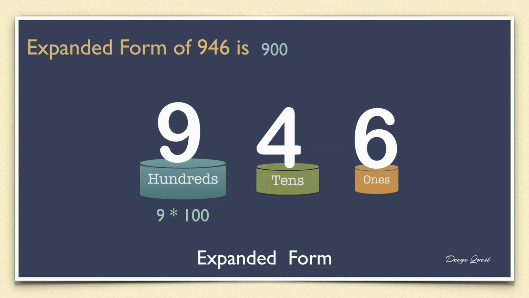The place value of 4 is 4 times 10, which is 40. And the place value of 6 is 6 times 1, which is 6. So the expanded form for this number is 900 plus 40 plus 6. You can read it as 946.